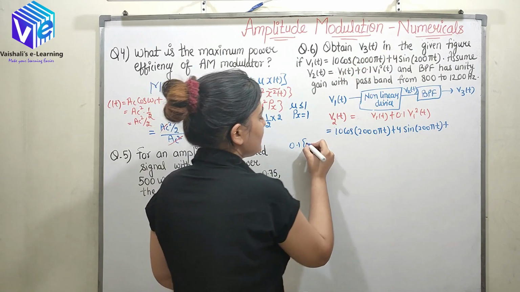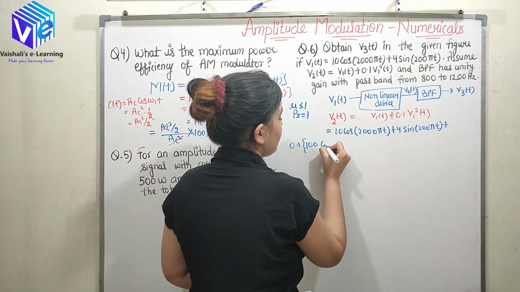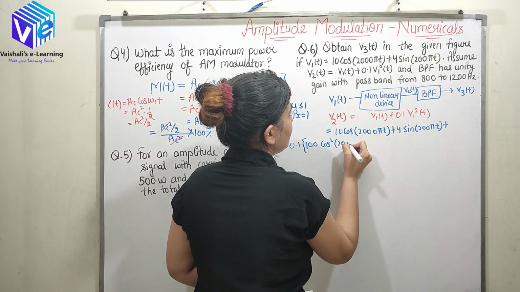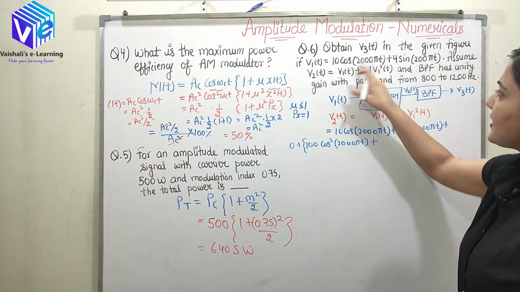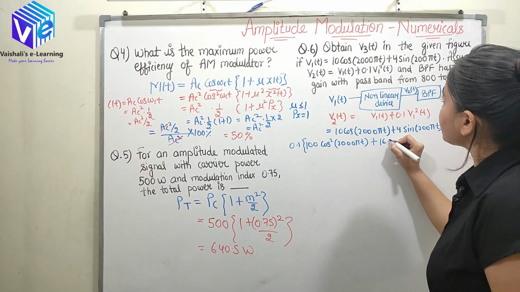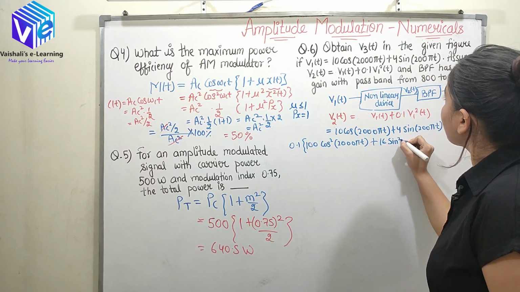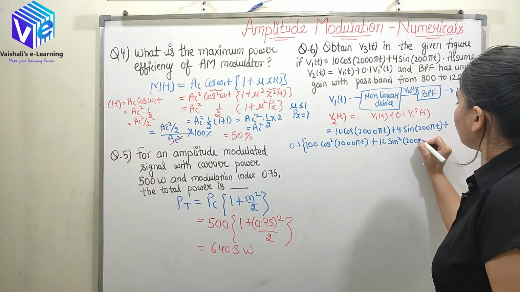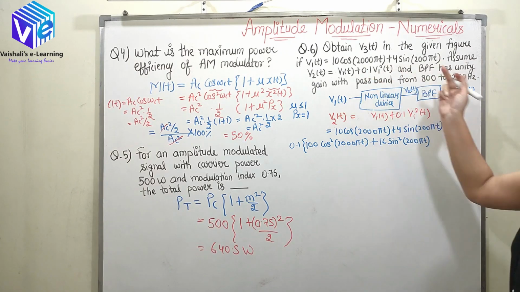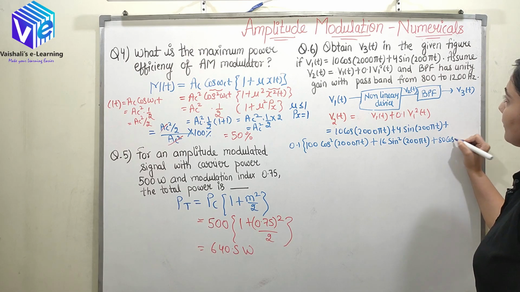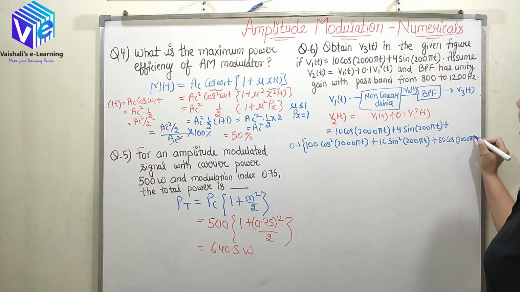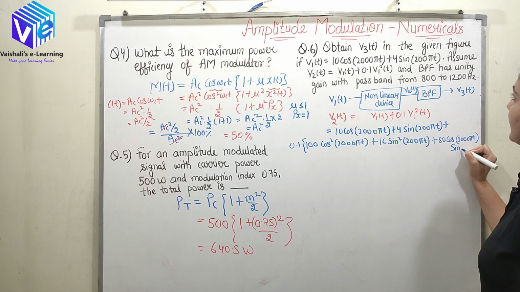So let's square it. 10 square is 100 cos square 2000 pi t plus, this is a square plus b square, it will be 16 sin square 200 pi t plus 2ab, which will be 80 cos 2000 pi t into sin 200 pi t.